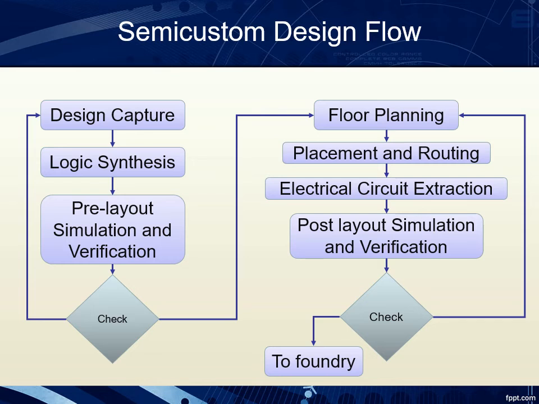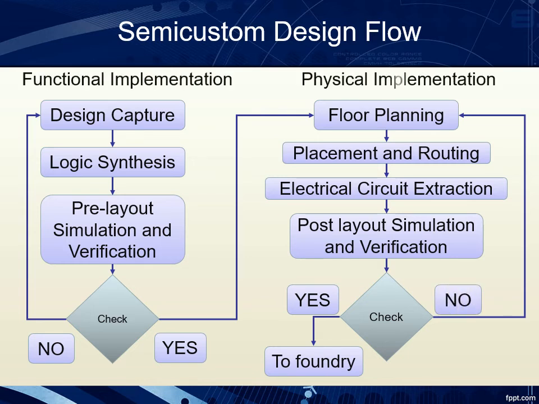We have the functional implementation phase and the phase of physical implementation. At the level of the functional implementation, we need to make sure that the circuit works, and then in the physical implementation, you want to arrive at the physical layout of the chip in order to send everything to the foundry.